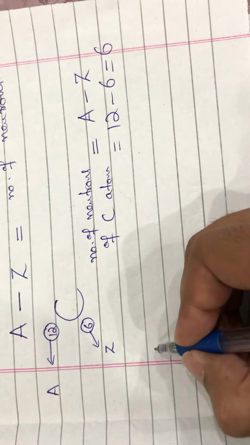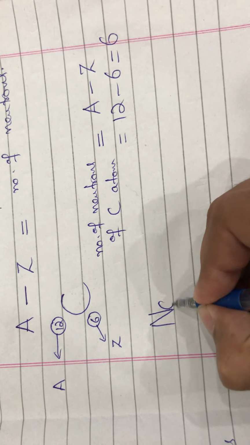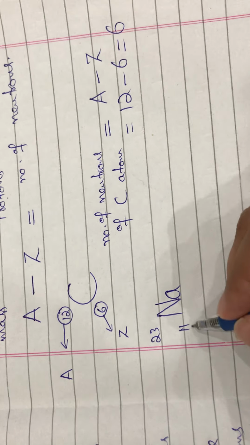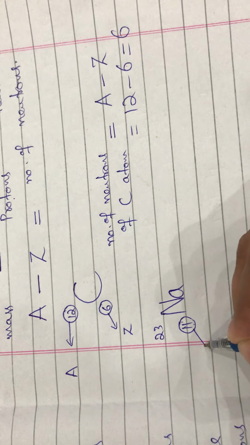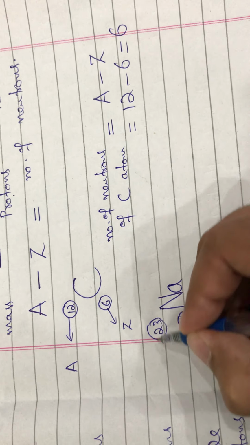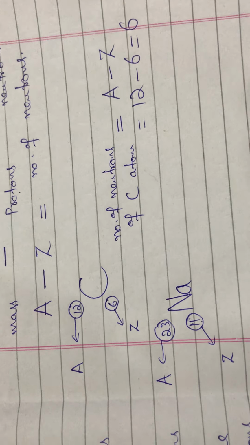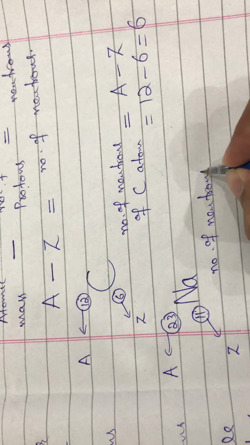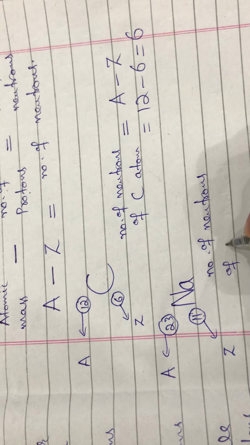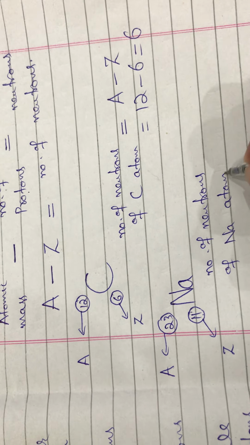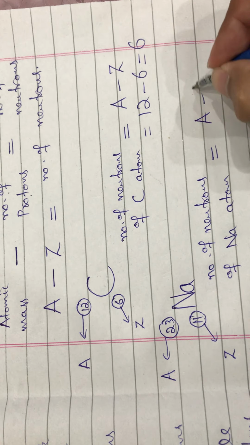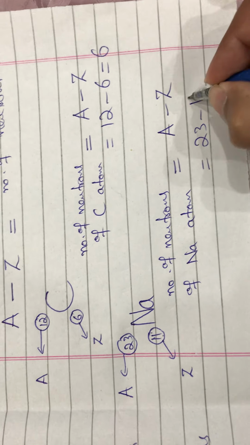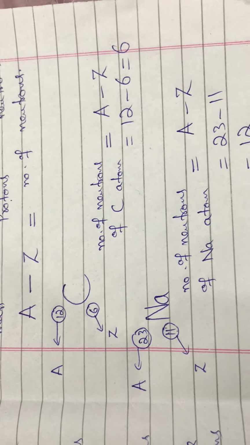Similarly, if we have another symbol of element sodium, that is 11, its atomic number, and its atomic mass is 23. So number of neutrons of sodium atom can be written A minus Z, and it is 23 minus 11, answer will be 12.